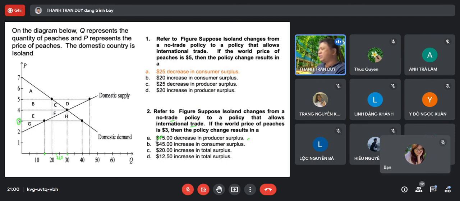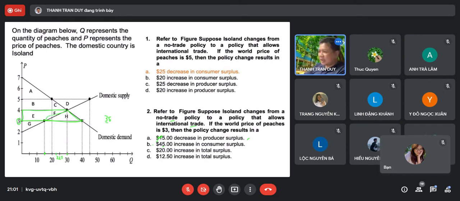All right. Increase consumer surplus. Yes, consumer surplus increases. But how much does consumer surplus increase? These areas. This area is 35. So true or false? False, right? Because we increase 35, not 45.